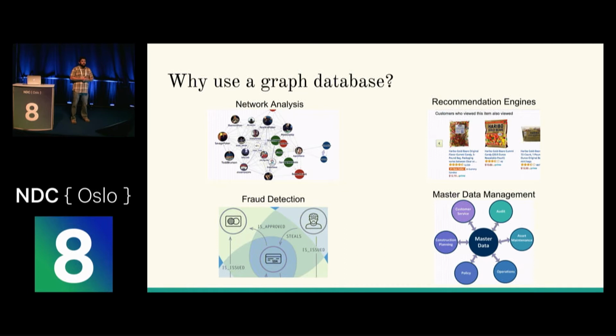Fraud detection is a very common use case for a graph database because fraud detection at its heart is really comparing a set of known transactions to a set of known fraudulent transactions and seeing how much they overlap and how similar they are to one another. One that kind of surprised me when I first got into it was master data management. You wouldn't necessarily think of master data management as a graph problem, but it actually fits in the graph space pretty well. Why is that?